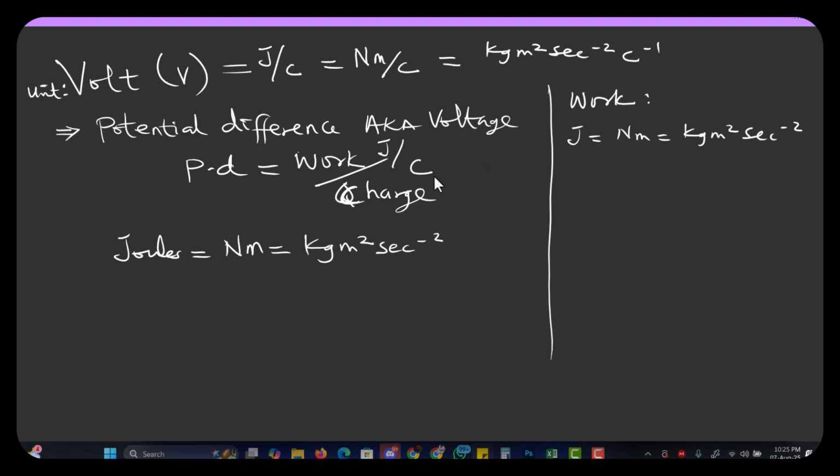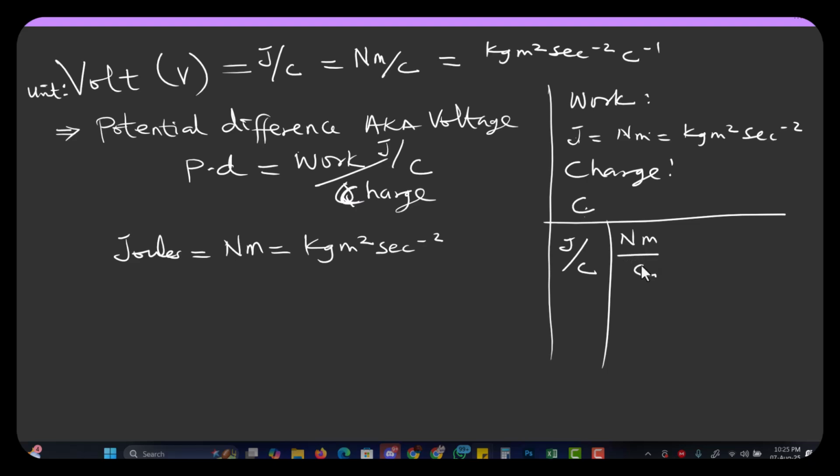Now for the one below it, which is charge, the only unit is coulombs. So what I was doing was taking it one after the other. For the first one, I did joules per coulombs. I picked only these two. For the second one, I did Newton meter per coulombs, because work has one, two, three.